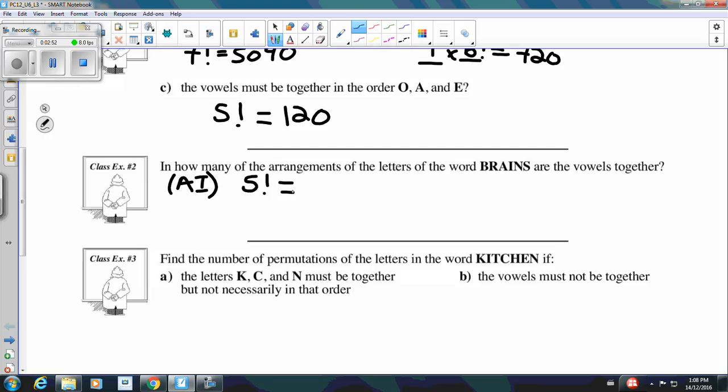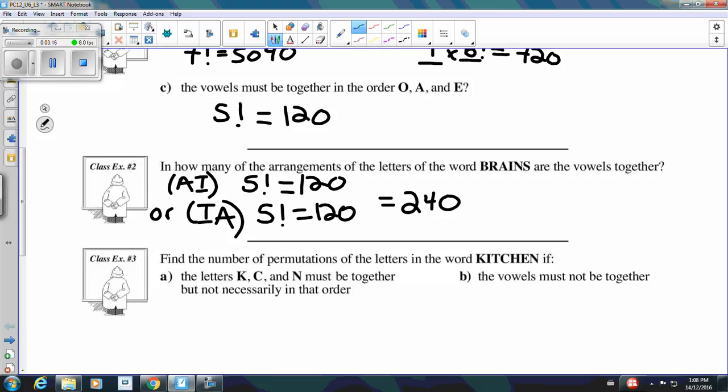So this would be 5 factorial arrangements because I'm arranging 5 things, the 4 letters B, R, N, and S, and my group of vowels, A and I, together. Or I could have the arrangement I, A, and then the 4 consonants. So this is still 5 factorial. So that means I have 120 choices.